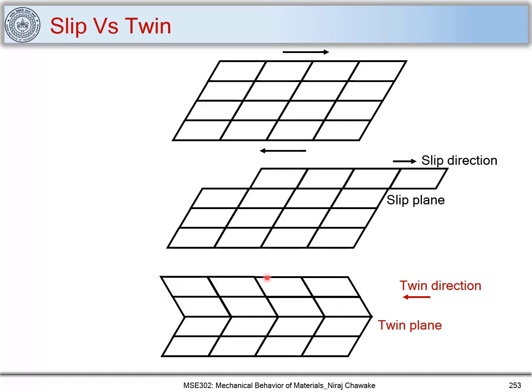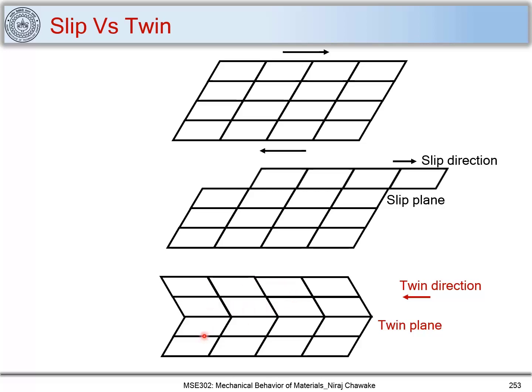But if you look at this carefully, what has happened here is that shearing occurs along this twin direction and it has occurred on some particular plane which we call a twin plane. Also, this boundary is called a twin boundary too. Now if you look at these two parts of the crystal, you can see that there is a crystal structure retention, but there is a change in the orientation.